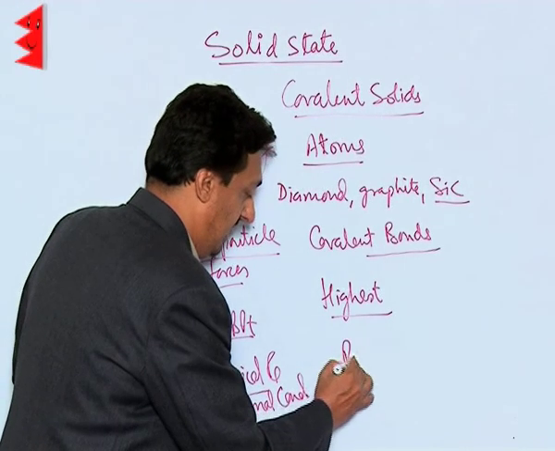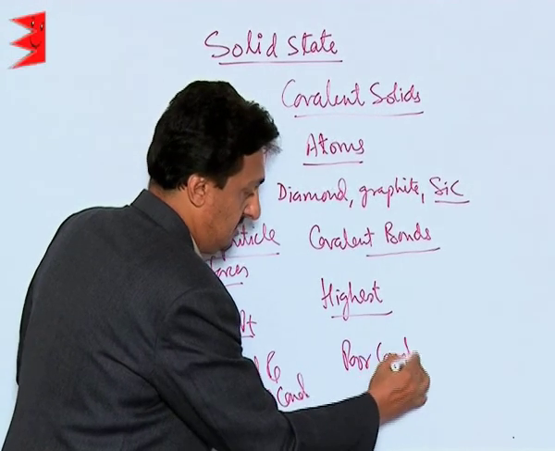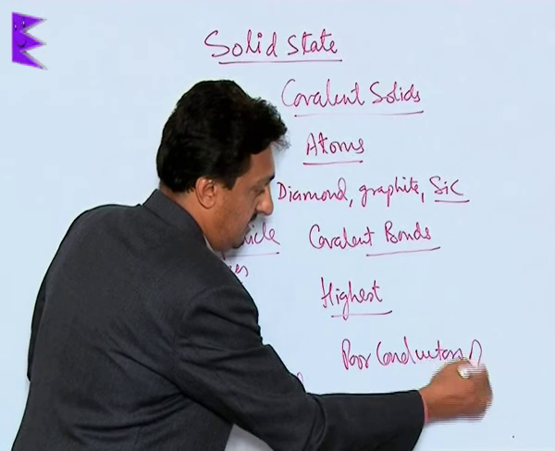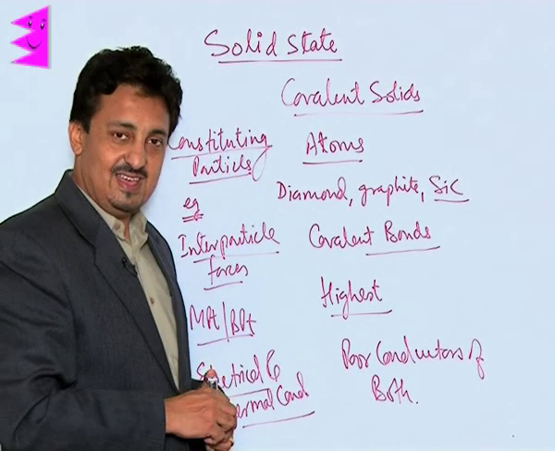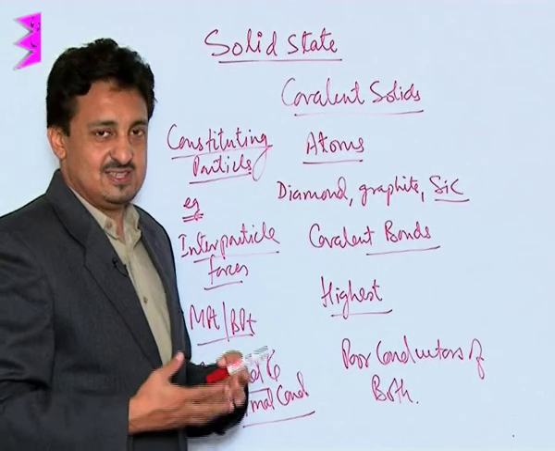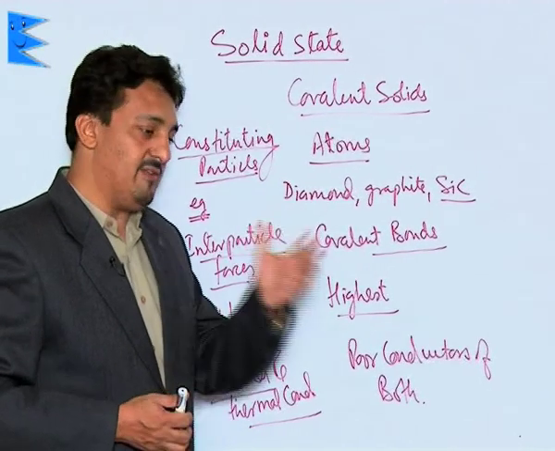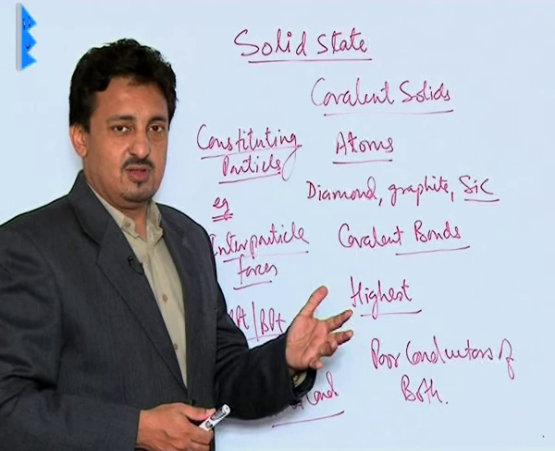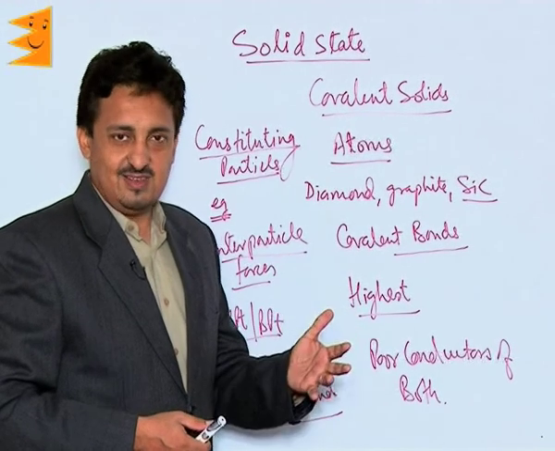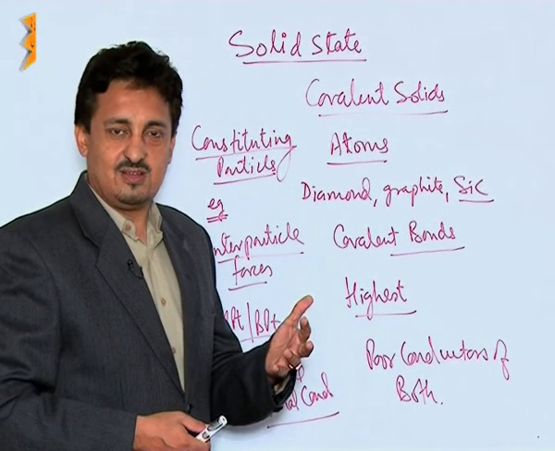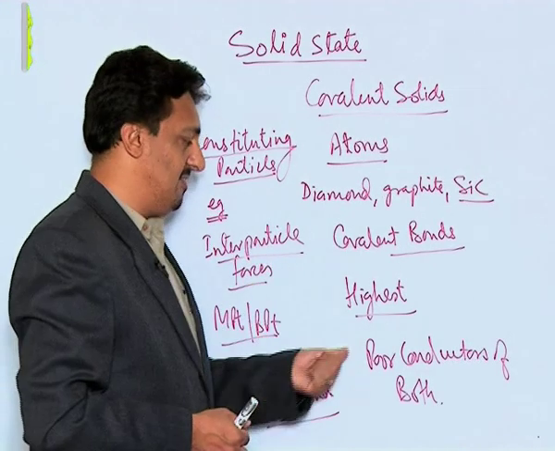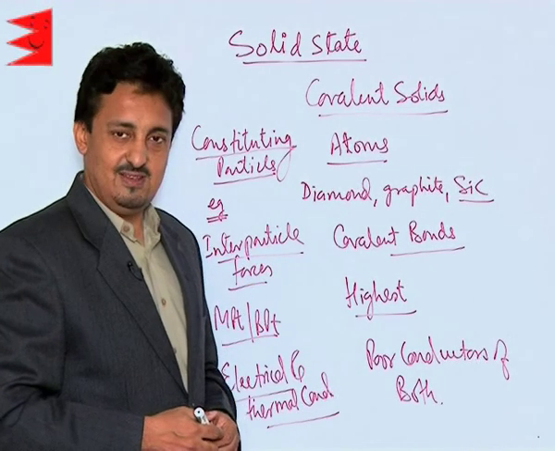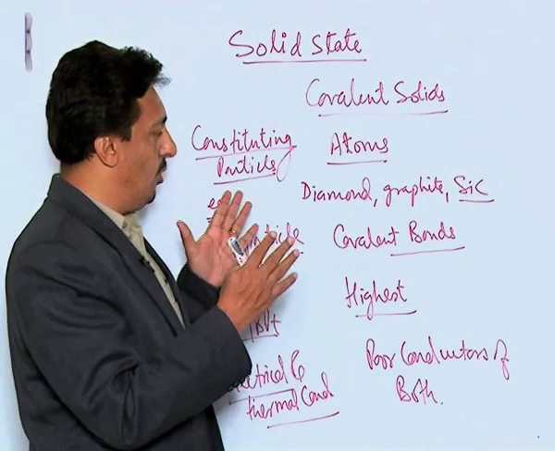Remember, they are poor conductors of both heat and electricity because they don't have free charges. Though we have exceptions like graphite, which is a good conductor of electricity, and diamond, which can conduct heat, those are the exceptions. But in general, covalent solids are poor conductors of both heat and electricity. So these are your covalent solids.